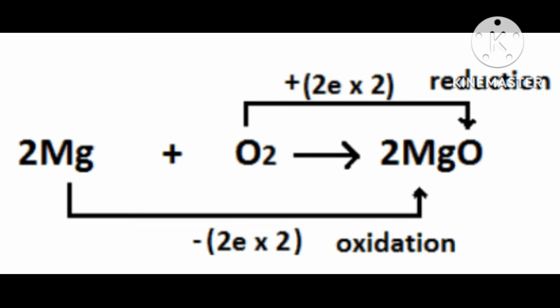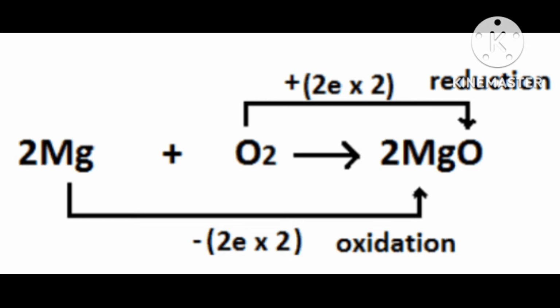That is, C minus 4 is equal to 0. Then C is equal to +4.